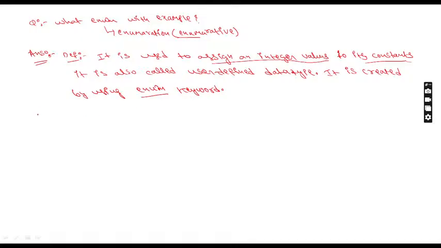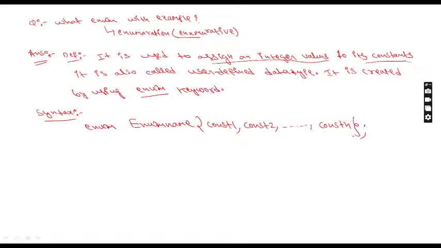Sir, can you give me the syntax of how to create it? Yes, I will give you the syntax. enum, small letter, then the enum name, flower bracket open, const1, comma, const2, comma, and so on up to constN, and close the flower bracket and semicolon.